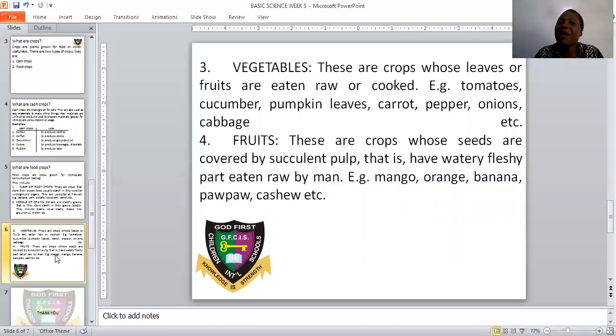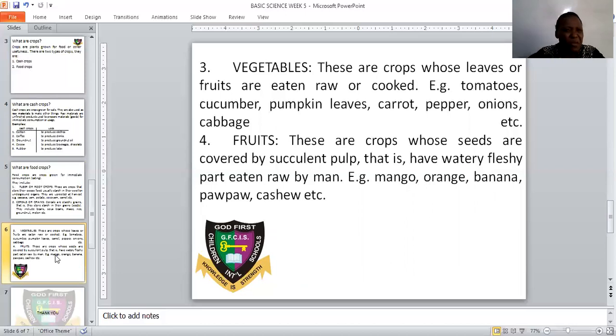And the time duration for these two types of crops to grow also varies. Yes, food crops can take just a few months to grow, while cash crops will take like a year, 2 years, or more than that to grow.